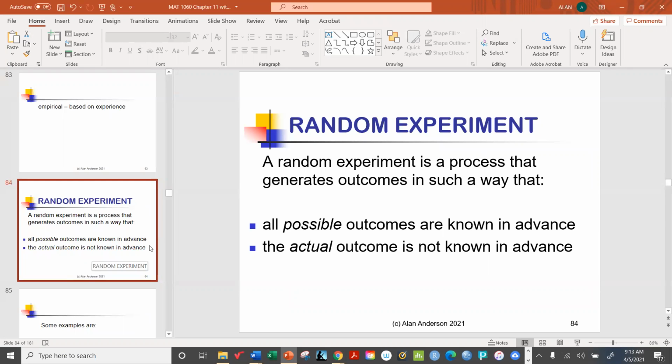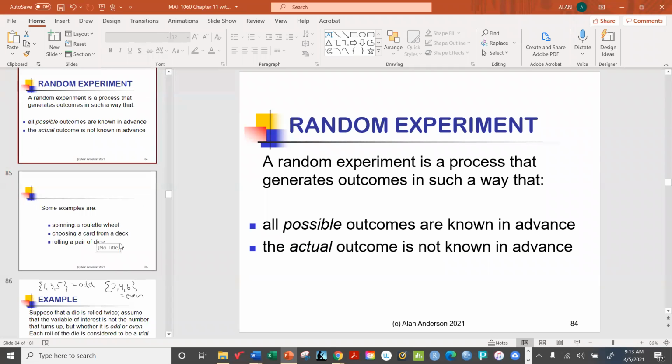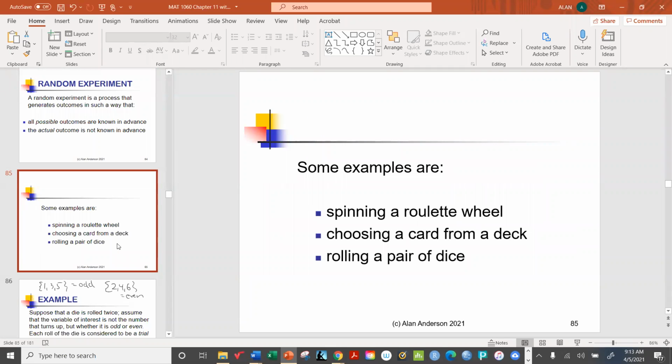Now, it turns out that games of chance are excellent ways of illustrating probability theory. So we're going to look at a few of those right now. Let's say, for example, we're spinning a roulette wheel. If you've never seen a roulette wheel, it's a big wheel, of course, and it has numbers on it.